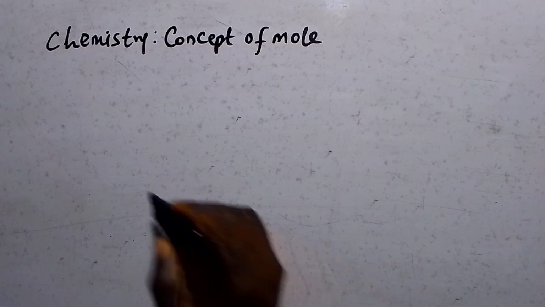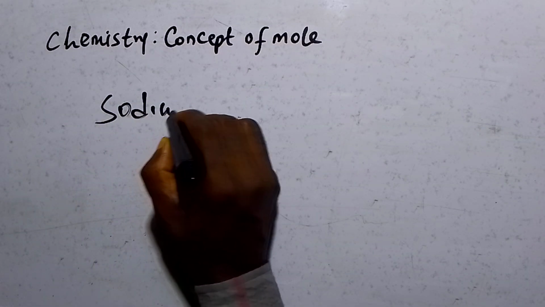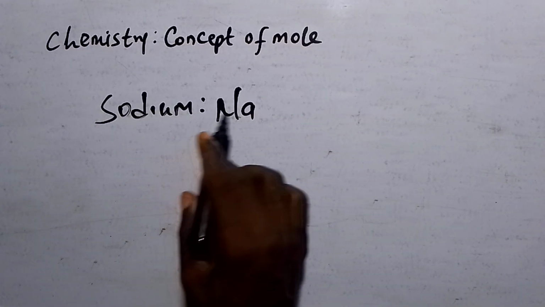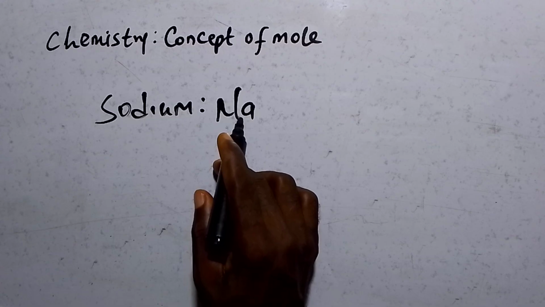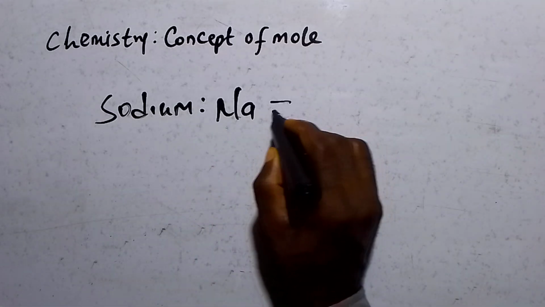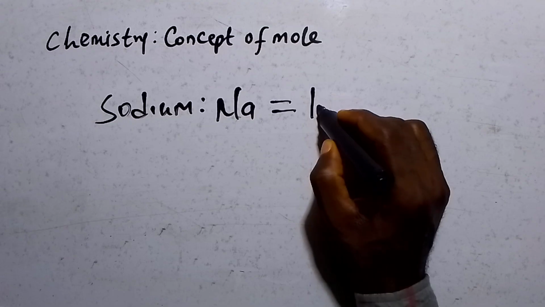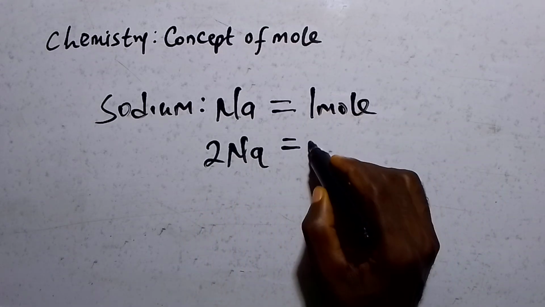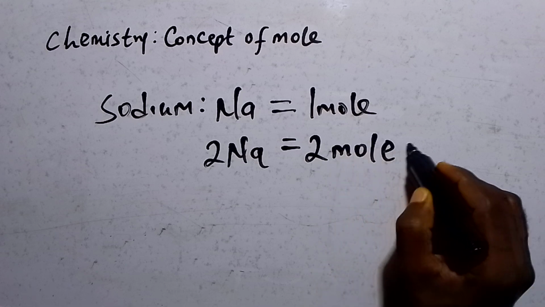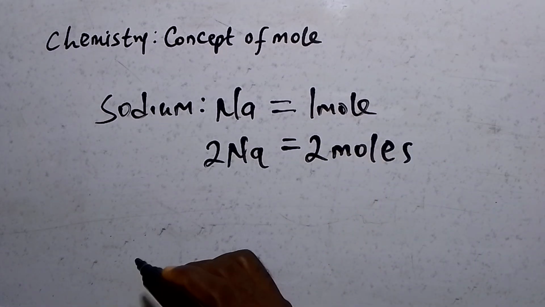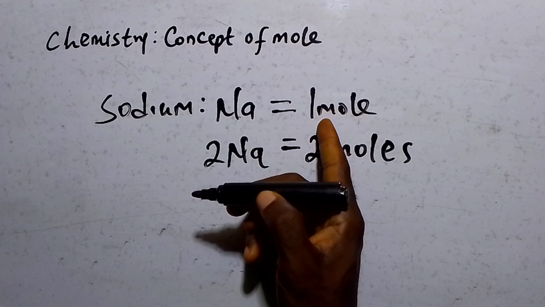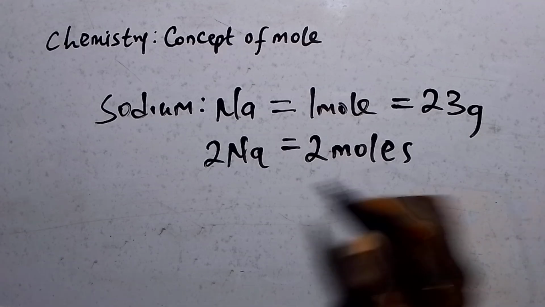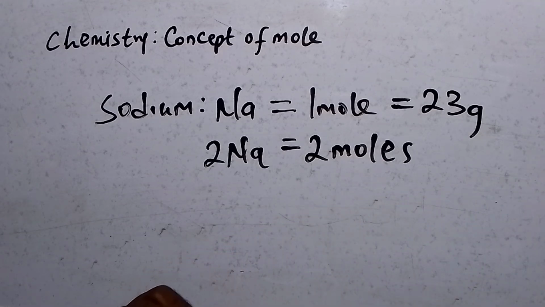For sodium, if I write the symbol of sodium like this, it means I have represented 1 mole. If I write it like this, it means 2 moles. Are you following? Now, the mass of 1 mole, which is the molar mass for sodium, is 23 grams. This will always be given to you in the question.